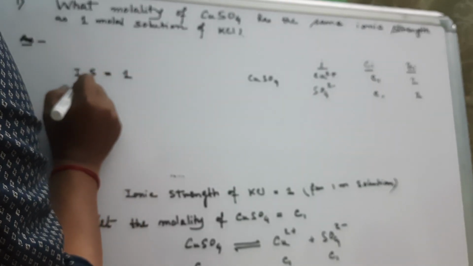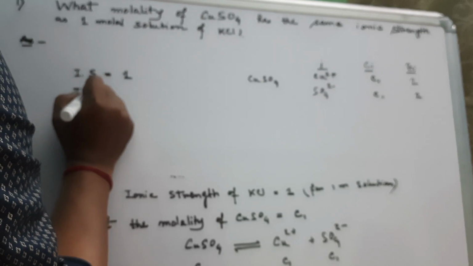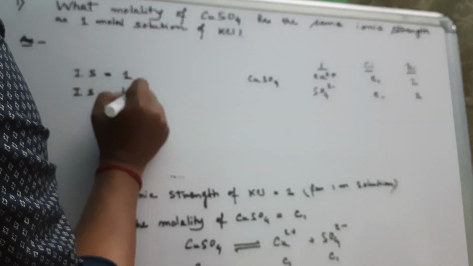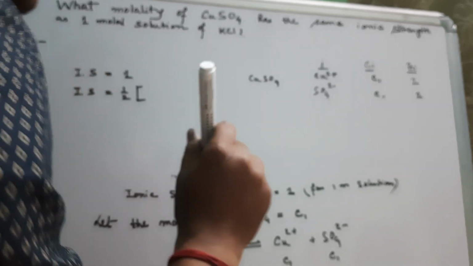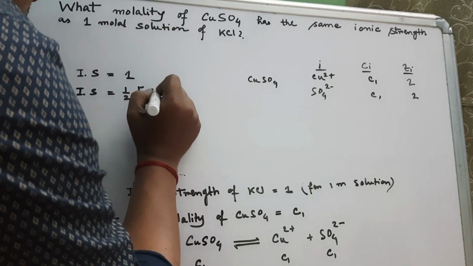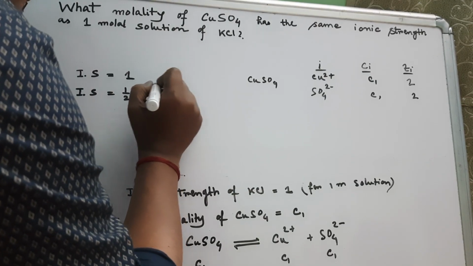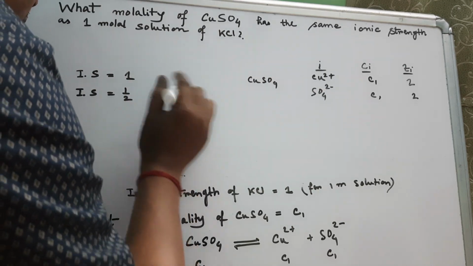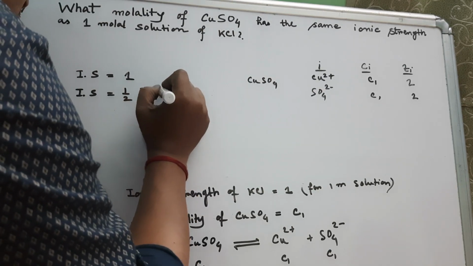So the ionic strength of copper sulfate will be 1, and the formula is half into Ci Zi square. I will write the equation here again.